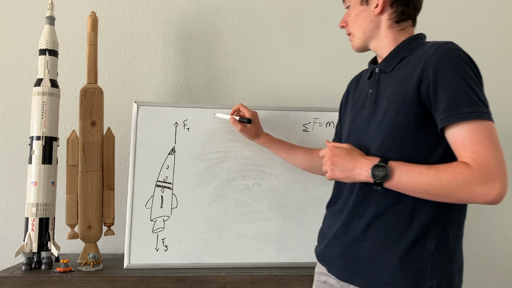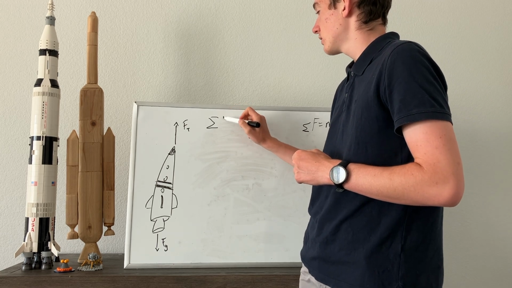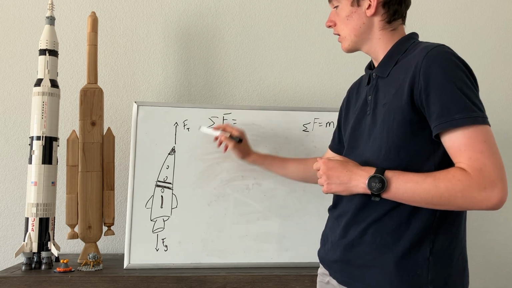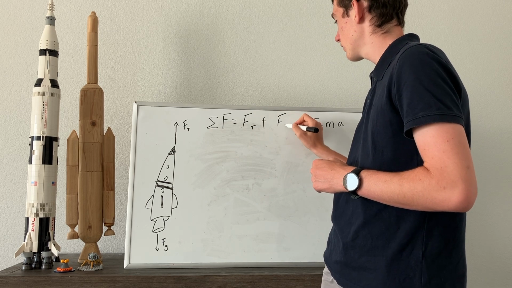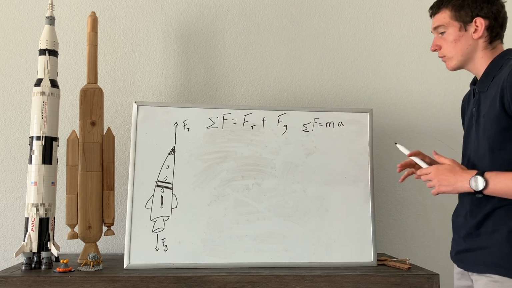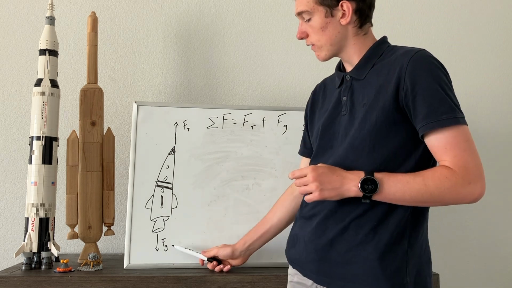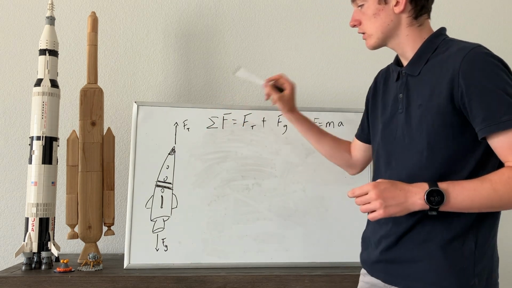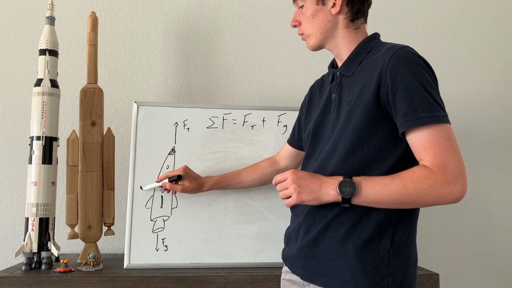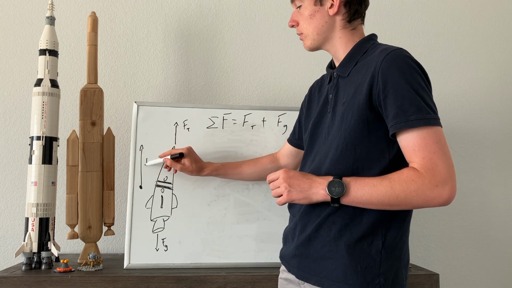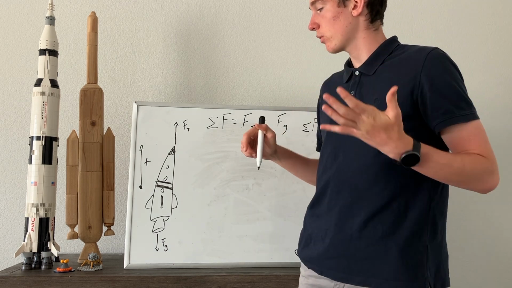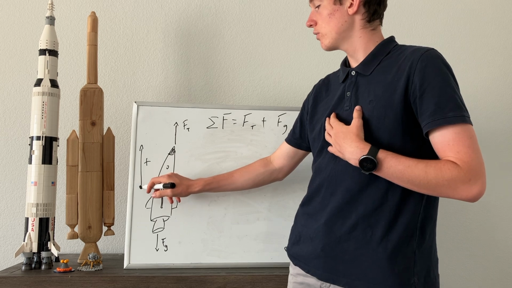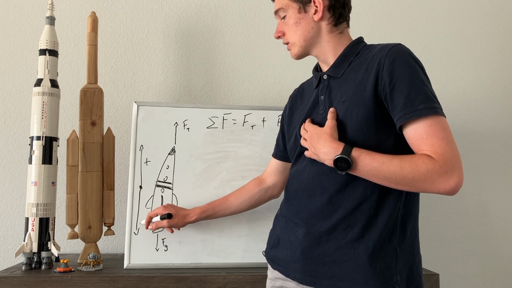As we write this equation, the sum of the forces is equal to the force of thrust plus force of gravity. But we quickly see that the force of gravity is not in the same direction as the force of thrust. So we're going to label the upward direction as positive, because as you go up in elevation you're increasing in altitude, and we're going to put the downward direction as negative.